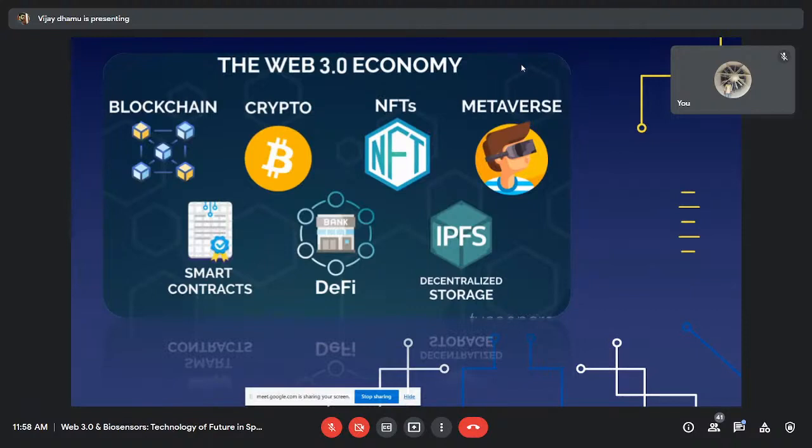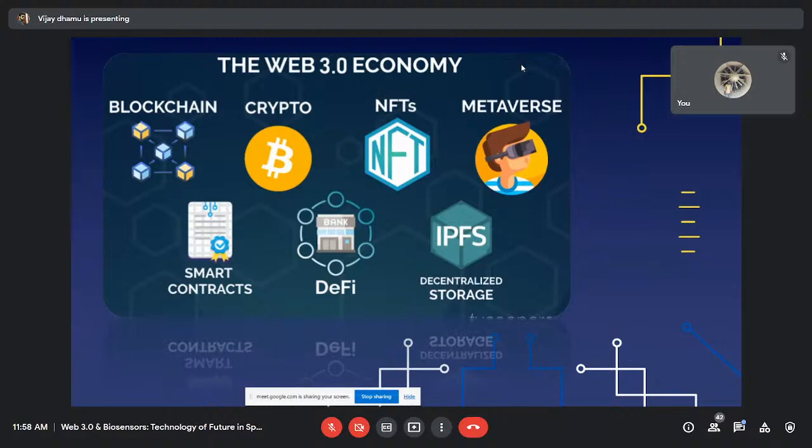Web 3.0 is nothing but an amalgamation of blockchain, crypto, NFT, metaverse, smart contracts, DeFi, and decentralized storage. All of these are important, but for our presentation, NFTs and the metaverse are very important, because blockchain and crypto are mainly based on finance and won't have much impact in our field of biomechanics.